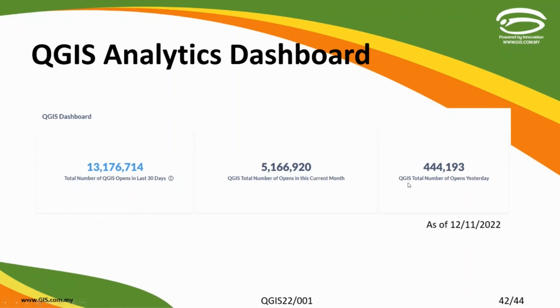And the day before, on the 11th of November, there were close to 500,000 opens. But they say the data sometimes is not 100% reliable because people share the same IP address, so it's definitely more than that.